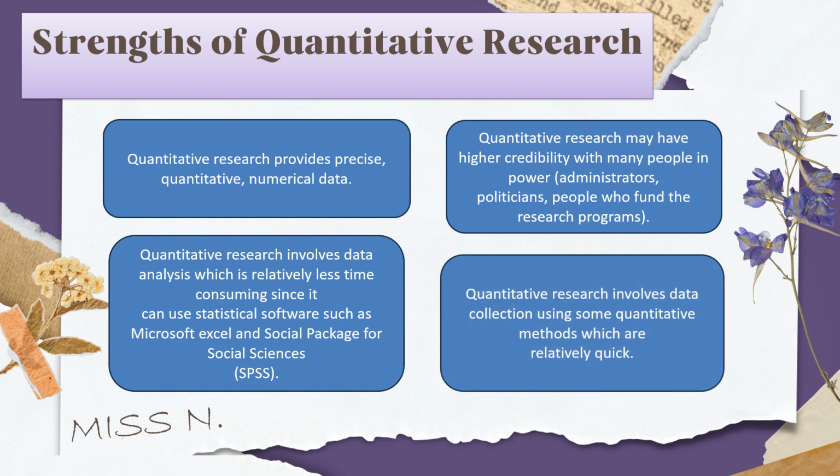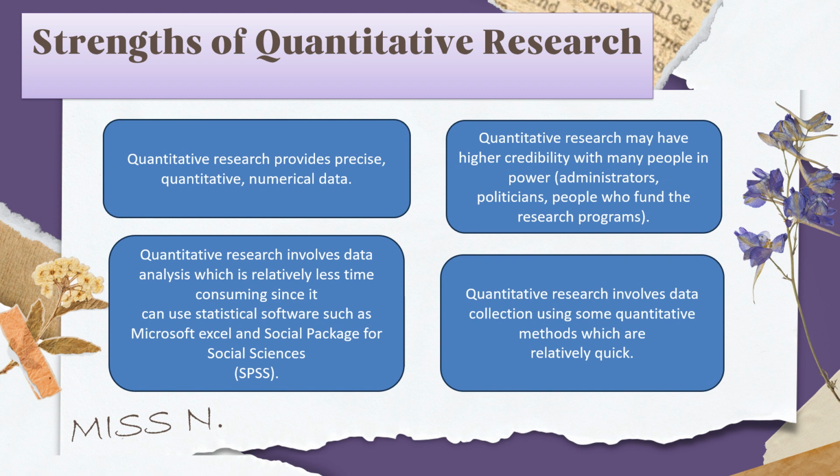Another thing here is that quantitative research involves data collection using quantitative methods which are relatively quick. Research instruments such as a checklist, survey questionnaire, and multiple choice paper and pencil test are the main reasons why collection of the quantitative data is relatively quick.